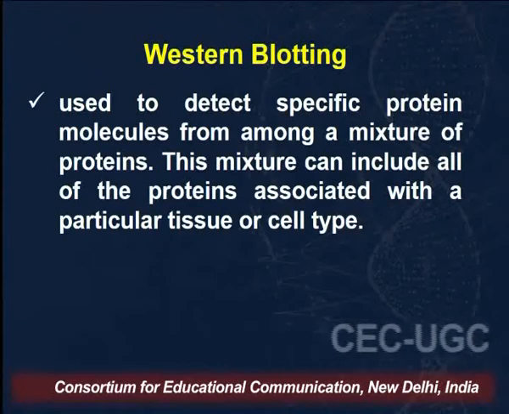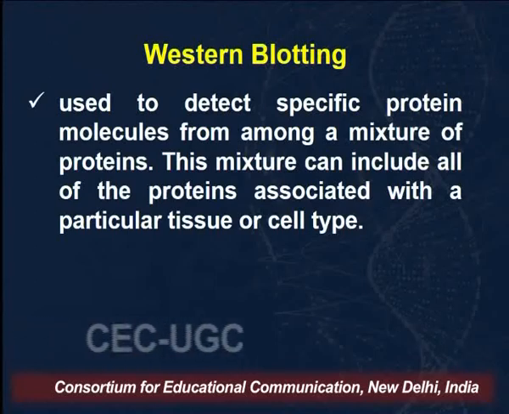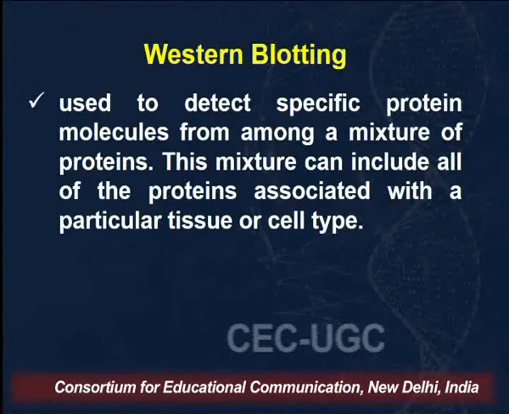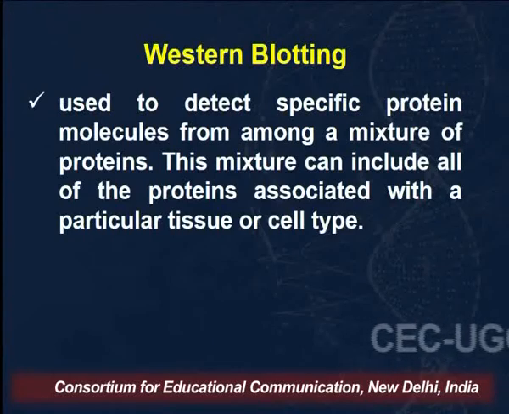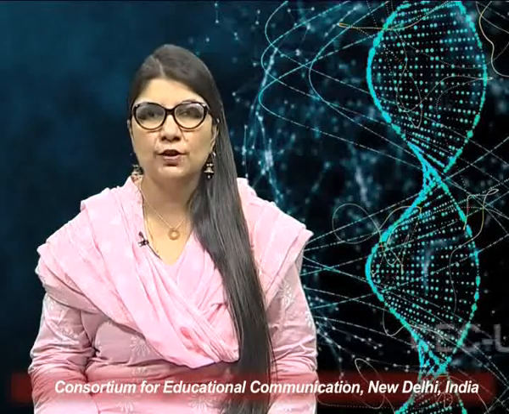Now, just as we talked about southern blot hybridization, where we were looking for the region of interest from different DNA fragments, there was a pool of DNA fragments and we were trying to identify first and then isolate a particular DNA fragment which was our gene of interest.